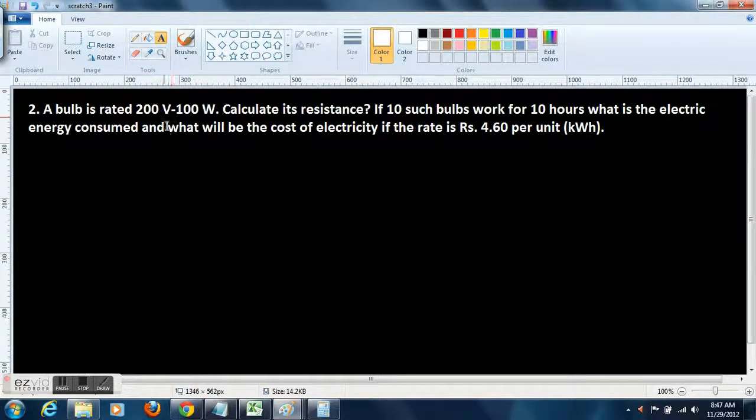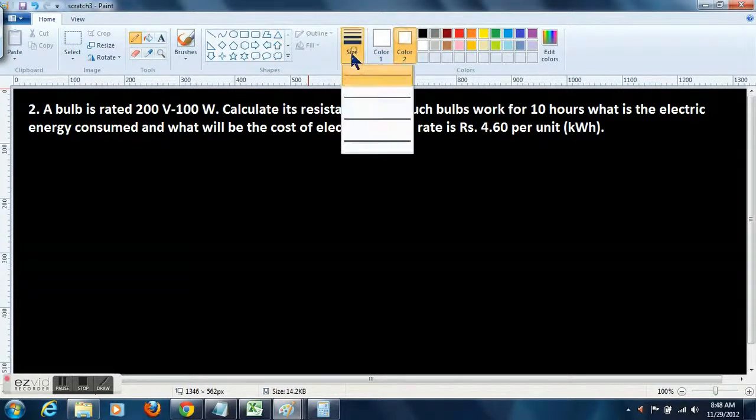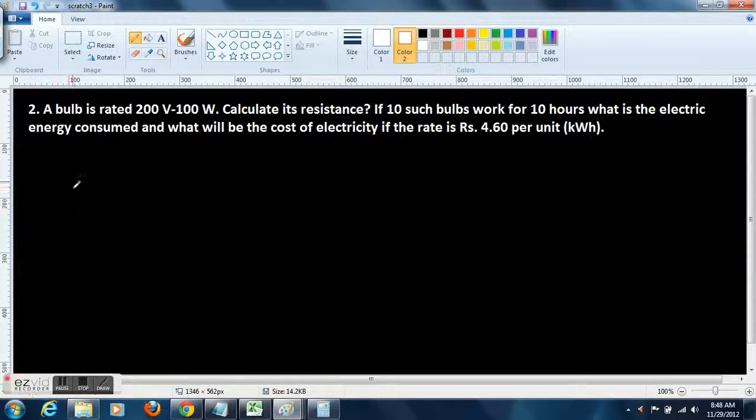Okay, so I hope by now you have already solved these two problems. So here is my solution. Solving the numerical problem number 2. The bulb is rated 200 volt 100 watt and we have to calculate the cost of operation. First of all we need to calculate the resistance.